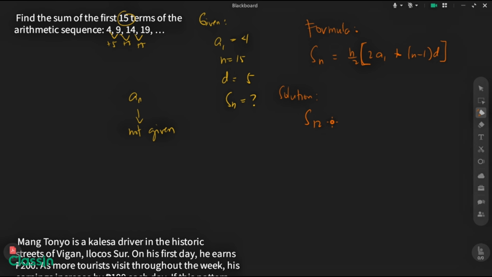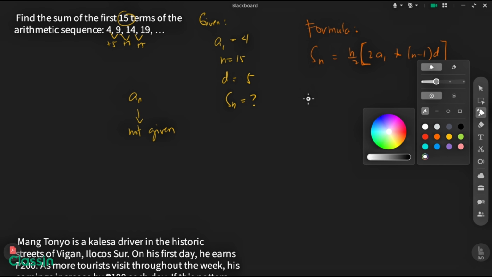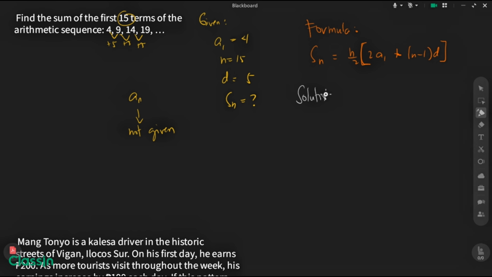So S sub 15 is 15 divided by 2 times twice the first term, which is 4, plus the n, 15, minus 1 times the common difference.